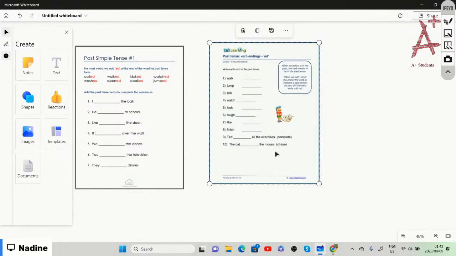If we look at the next one, it says past tense verb endings in ed. We need to write each verb in the past tense.